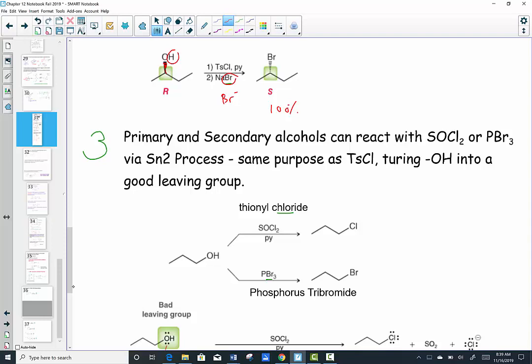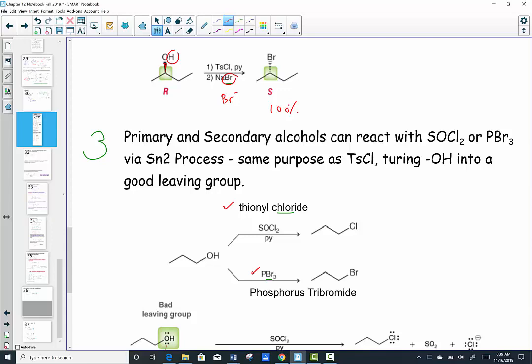We can also use primary and secondary alcohols to create halogen compounds by using SOCl2, called thionyl chloride, or phosphorus tribromide, and notice that's PBr3. This is also via an SN2 process and really has the same outcome as a tosyl chloride compound, turning the OH into a better leaving group.